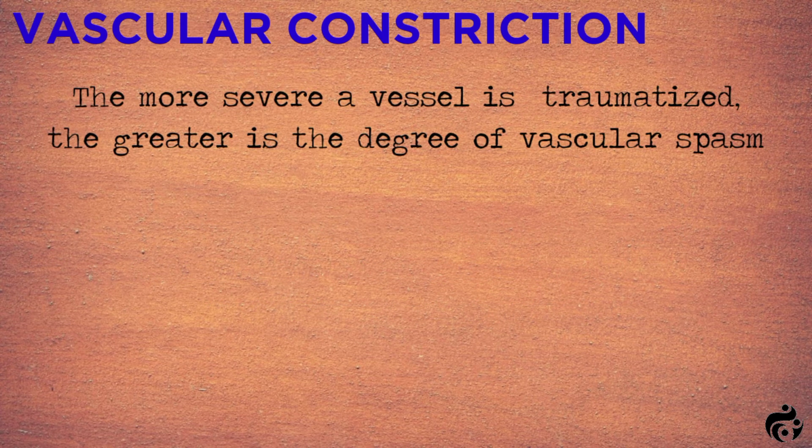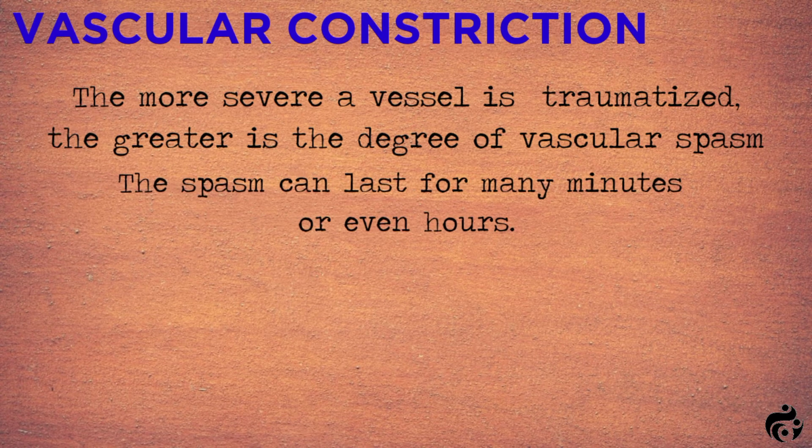The more severely a vessel is traumatized, the greater is the degree of vascular spasm. The spasm can last for many minutes or even hours. During this time, the formation of a platelet plug occurs.